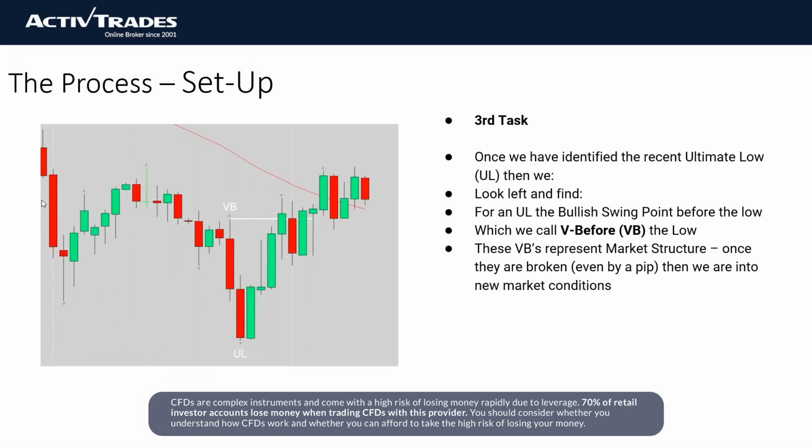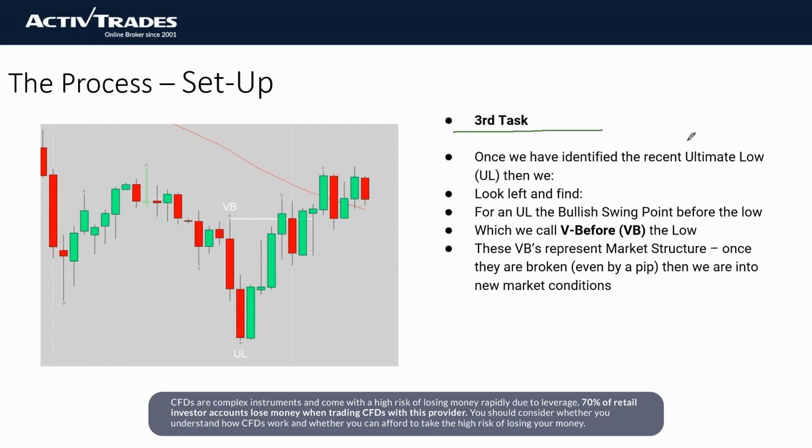The flip side: we just looked at identifying the ultimate high, with price coming back and trading through the bearish VB, the V before the high, the bearish swing point before the high.